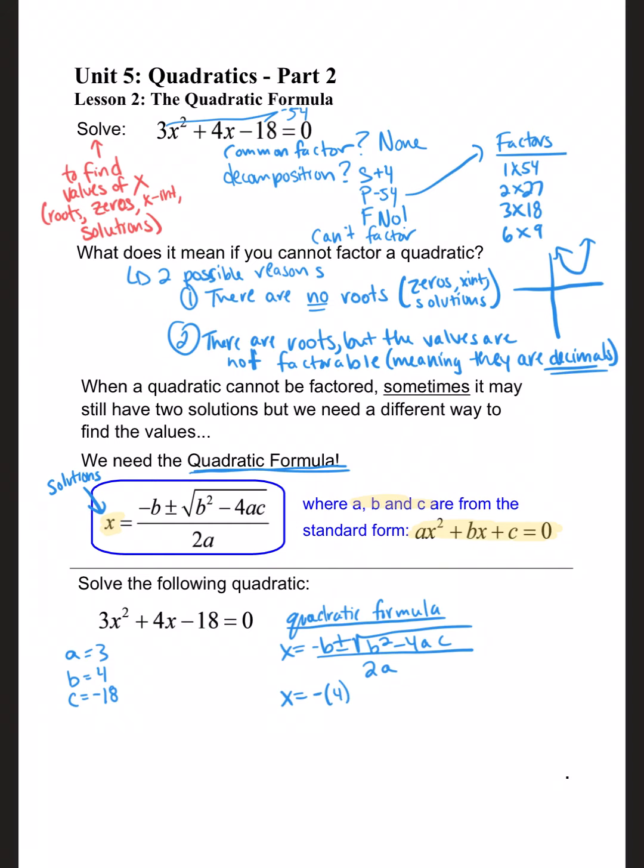It's helpful to write your negative and then put the value in brackets so we make sure we're including the negative from the general equation. Under that, we have 4 squared minus 4 times my a value, which is 3, times my c value, which is negative 18. All of that is going to be over 2 times 3.